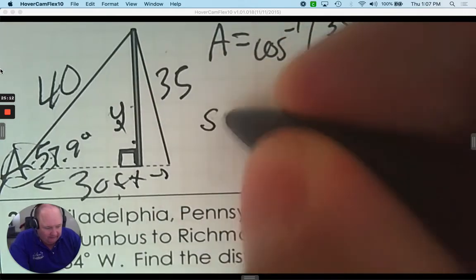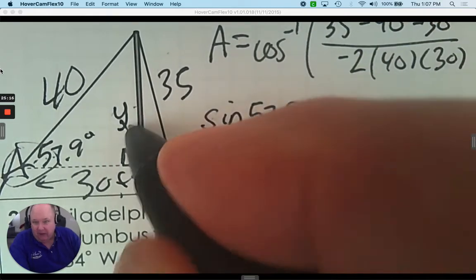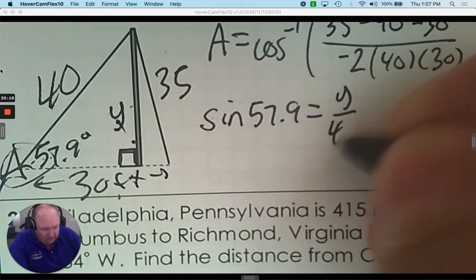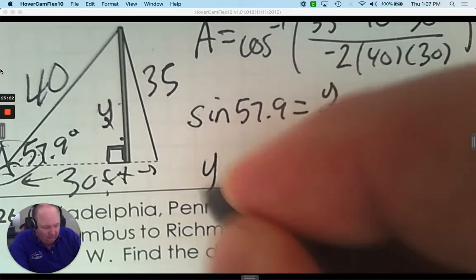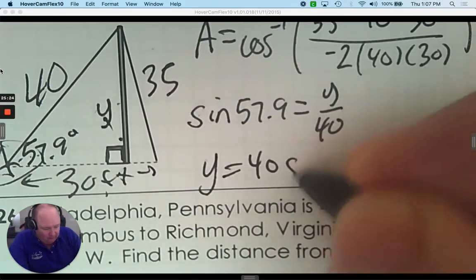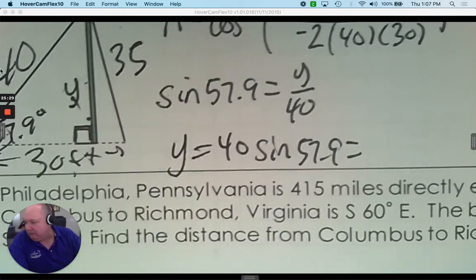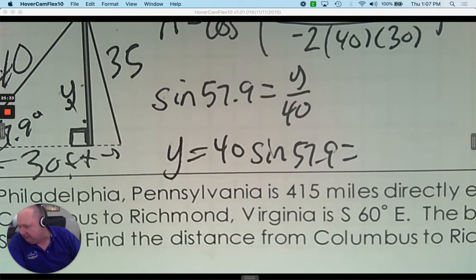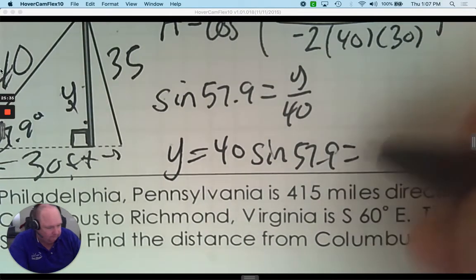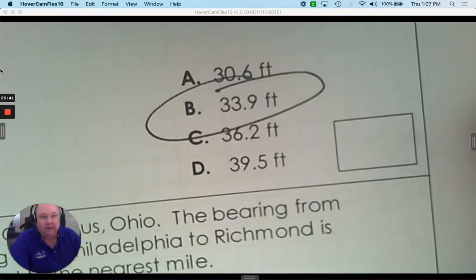So now I can write down the sine of 57.9 is equal to opposite, which is y, over hypotenuse, which is 40. To get y by itself, multiply by 40. Use your calculator, and you would get the answer 33.9. So there's the answer.